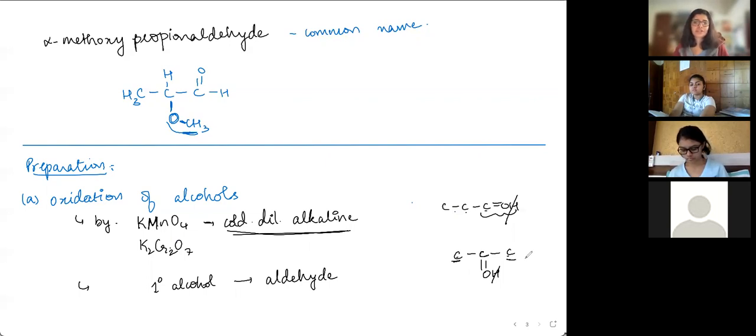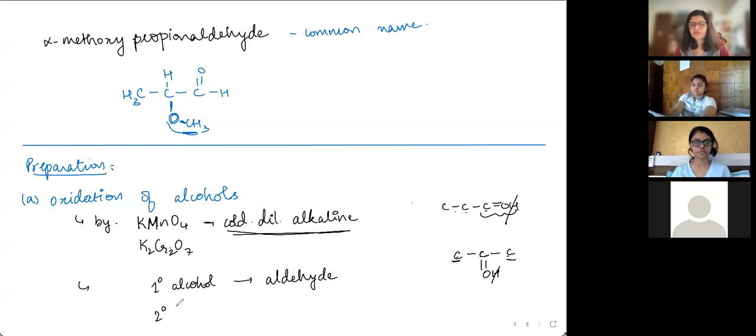Tertiary alcohols do not undergo oxidation easily. Their oxidation is very, very difficult. You need to take an extremely strong oxidizing agent, and that breaks the carbon-carbon bond. So it becomes two smaller molecules, and you end up getting ketones or aldehydes depending on the structure.